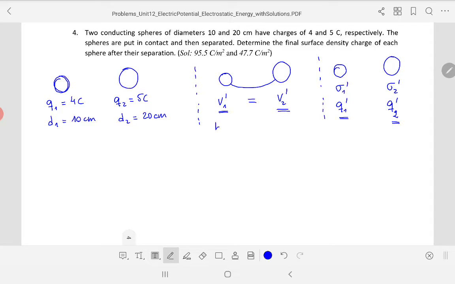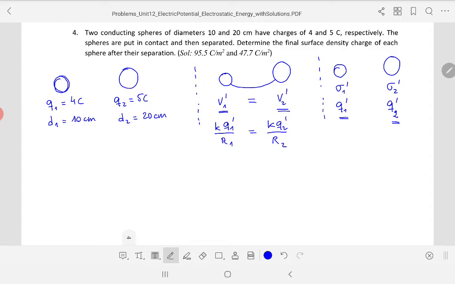So we have that K Q1 prime divided by R1, which is the electric potential of a conducting sphere with a charge Q1 prime, is equal to K Q2 prime divided by R2.